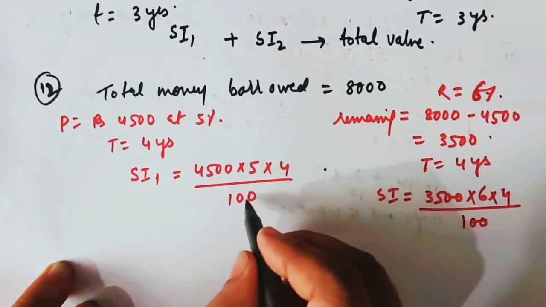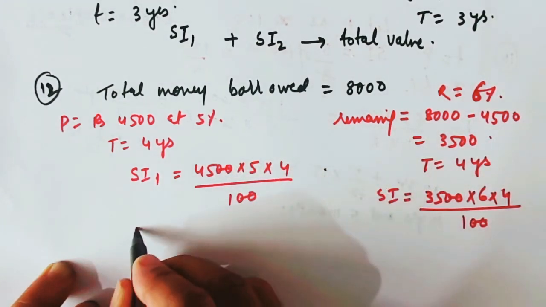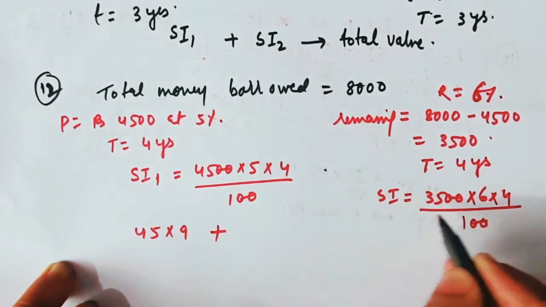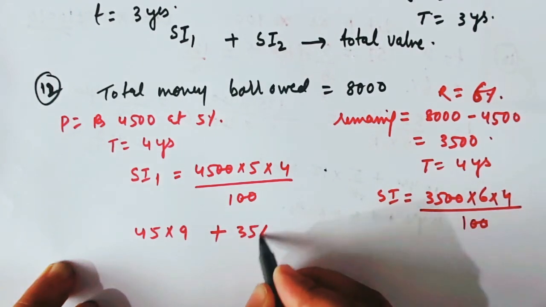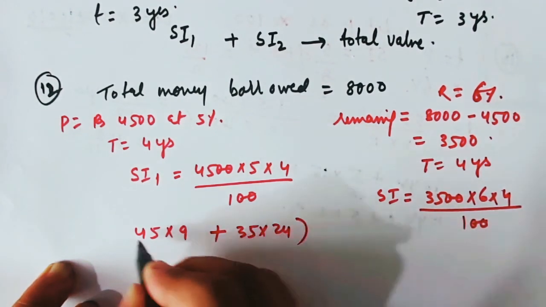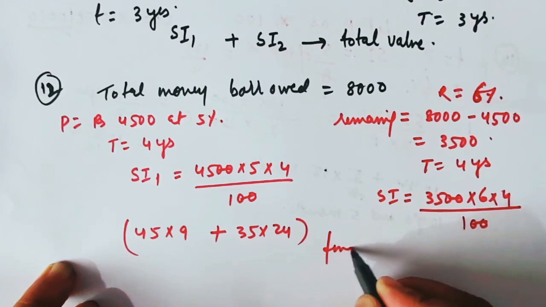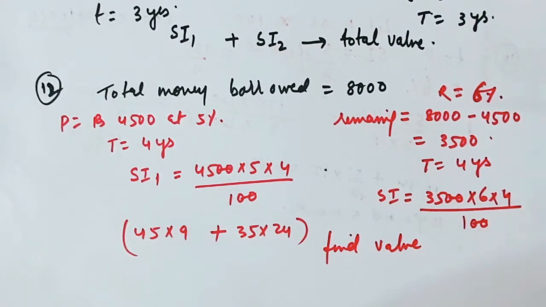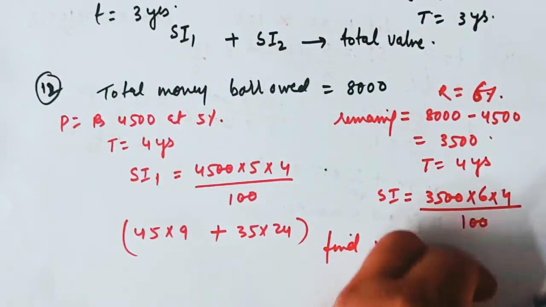Here, can't you people multiply 45 into 9 and plus 35 into 24 and then find the value yourself. Find the value yourself. Clear?